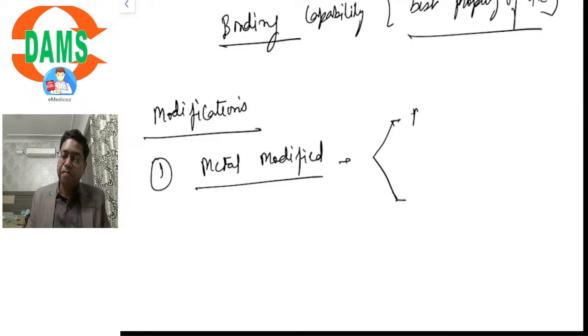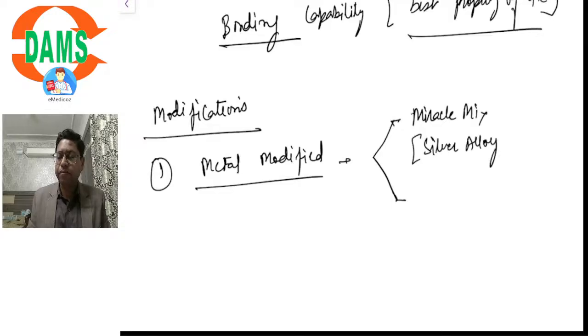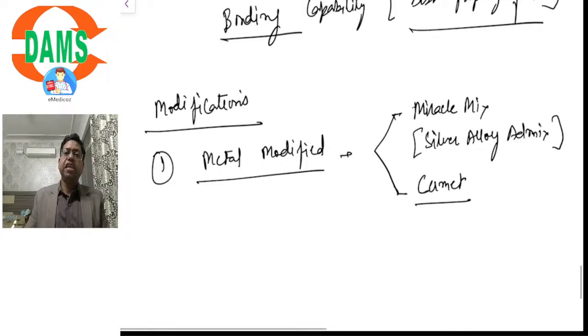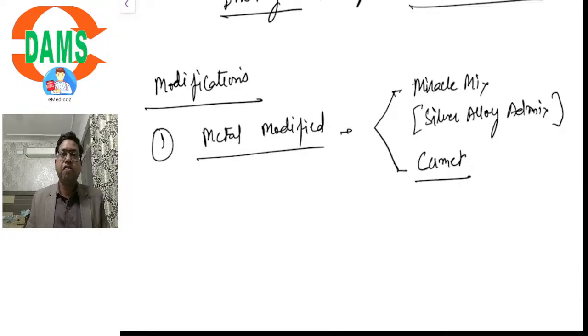One is miracle mix, which is also called silver alloy admix. And another is called CERMET. These are the two forms of metal modified GIC by adding silver tin alloy particles.